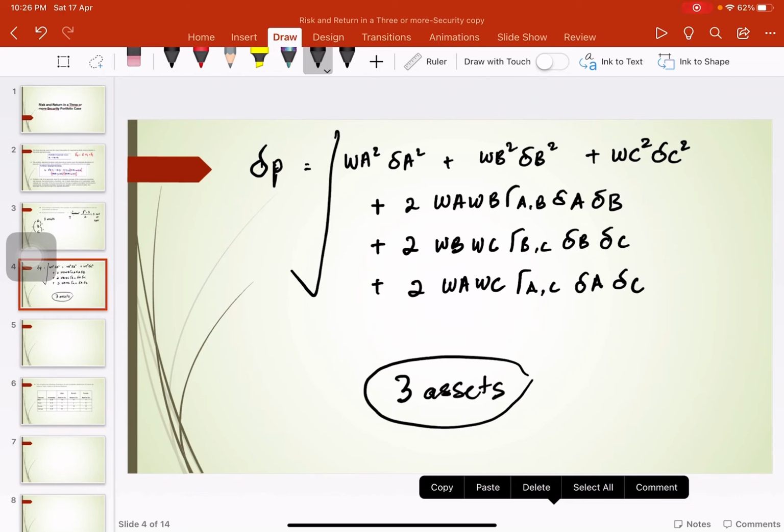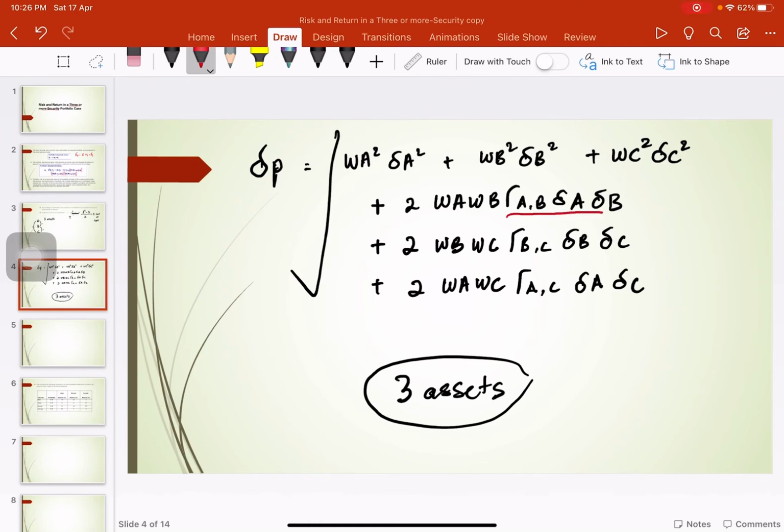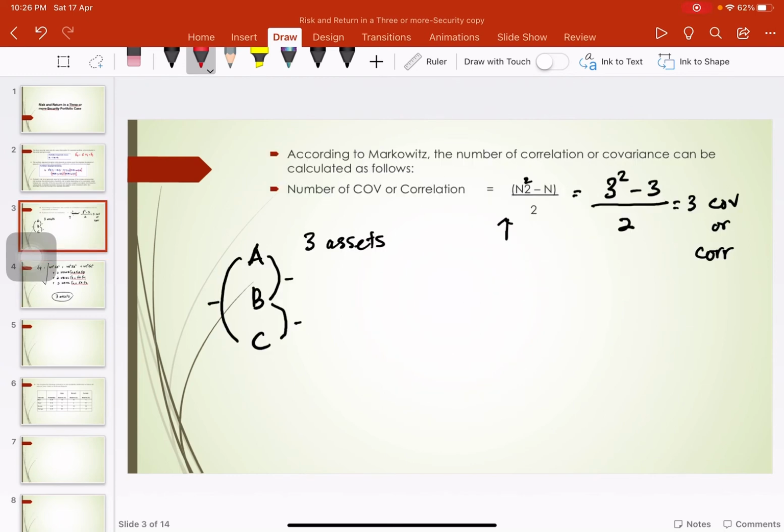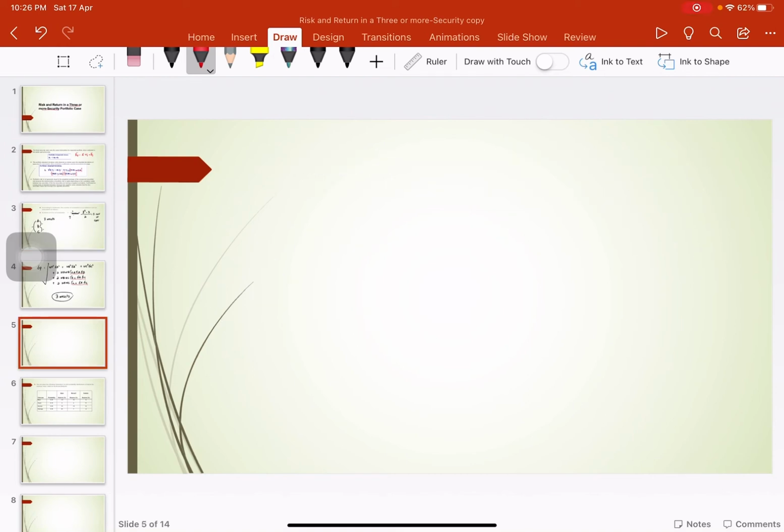Ini kalau dia pakai correlation. Nampak tak? Dekat sini semua correlation, pair by pair. Sama juga kalau covariance, kita akan buat pair by pair juga. Dia sama ada covariance or correlation. Kalau soalan tu tak bagi kita correlation, we have to calculate the covariance.